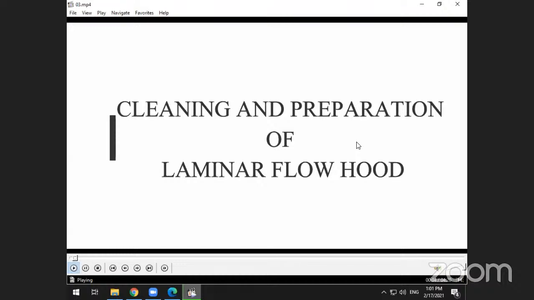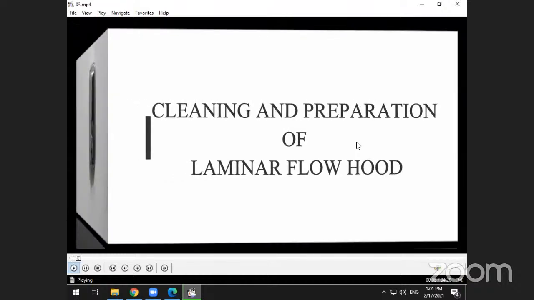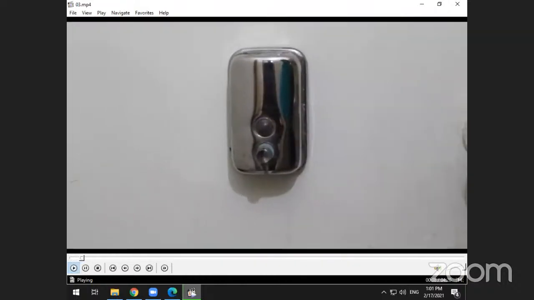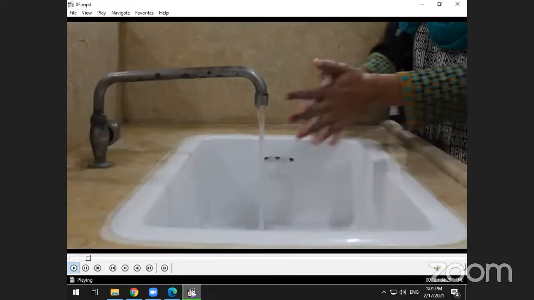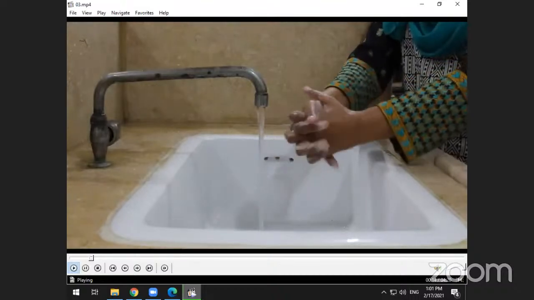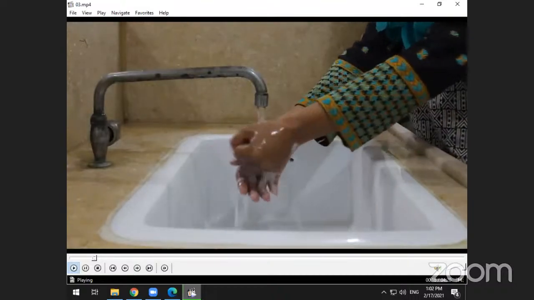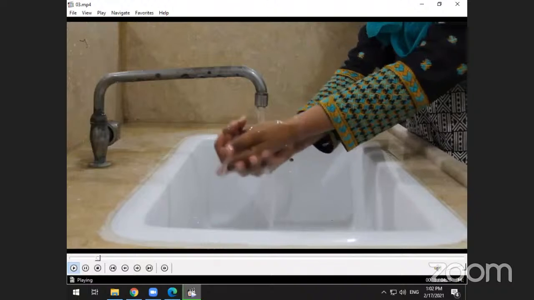Cleaning and preparation of laminar flow hood. Wash your hands properly with hand wash or soap before entering into the tissue culture lab.